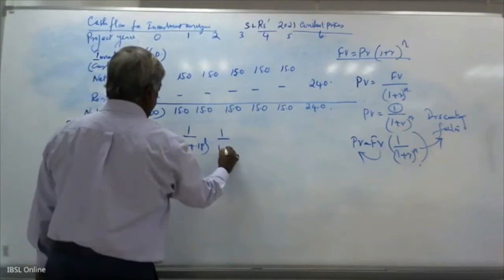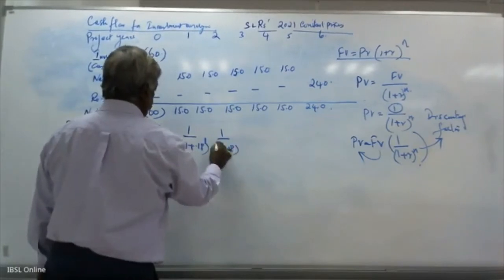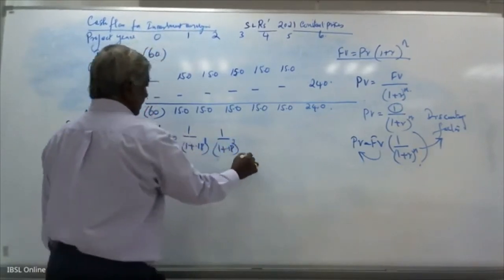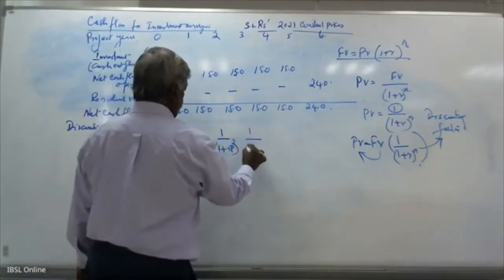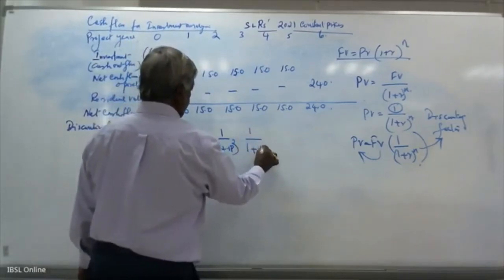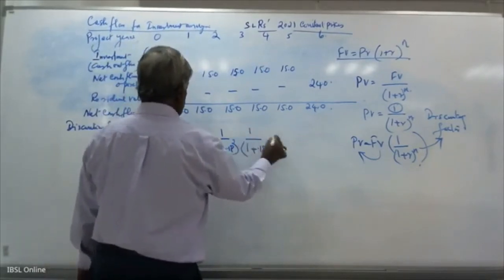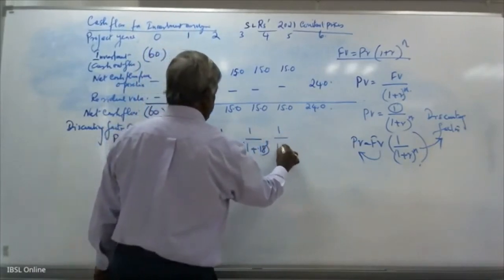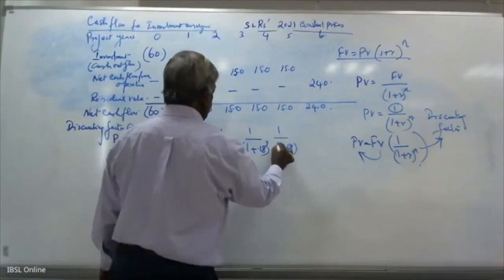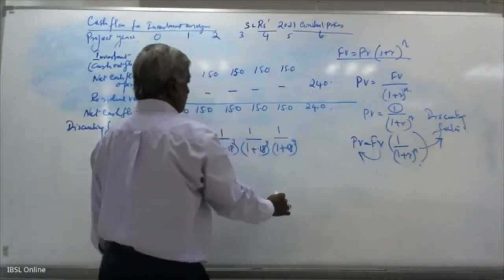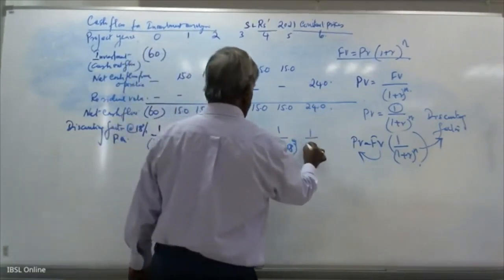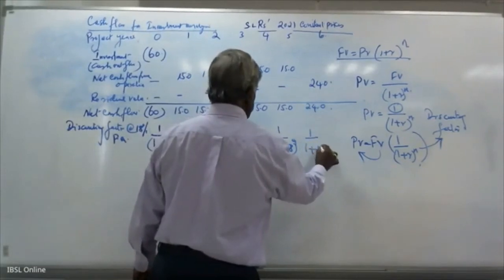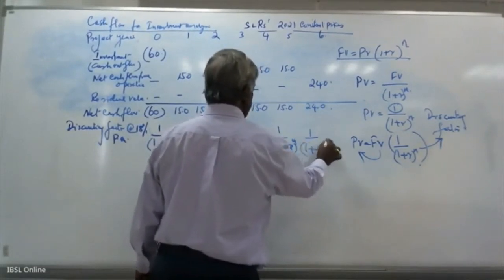Then third, 1 divided by 1 plus 0.18 to the power 2. Then 1 divided by 1 plus 0.18 to the power 3, then to the power 4, then to the power 5.